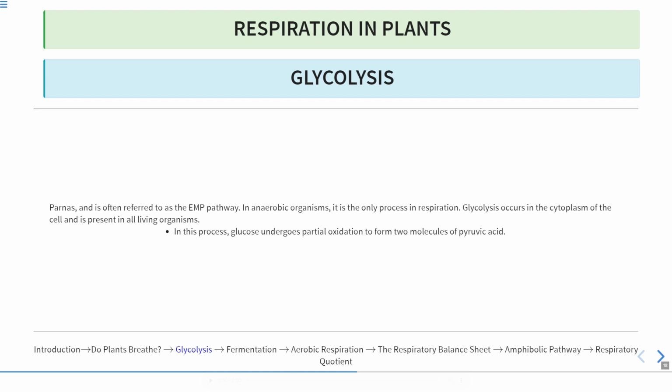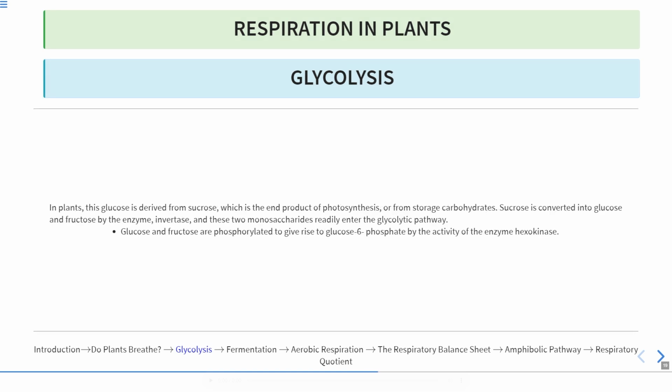In this process, glucose undergoes partial oxidation to form two molecules of pyruvic acid. Now in plants, this glucose is derived from sugar, which is the end product of photosynthesis, or from the storage carbohydrate.